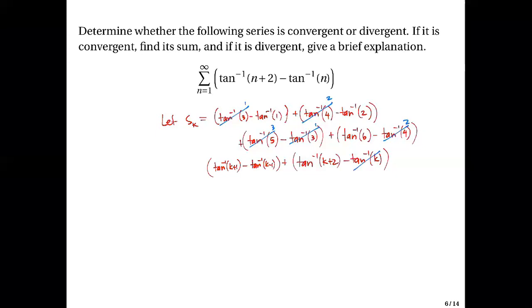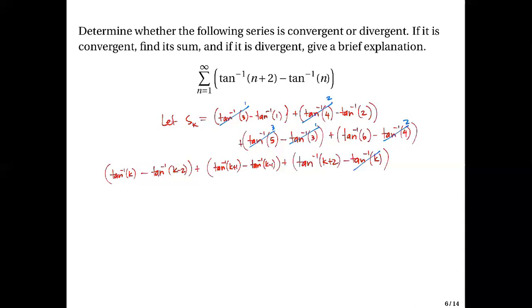Great. And then on the previous term, more previous term, you have your k plus 2 or k minus 2. So you will get here the k minus 2 term. So you have that tangent inverse. And then the minus here, you have your tangent inverse of k.